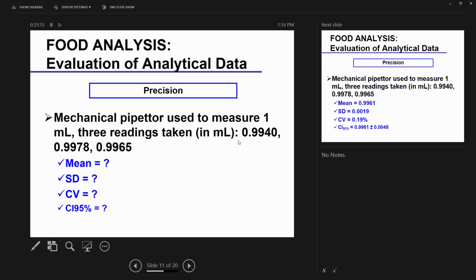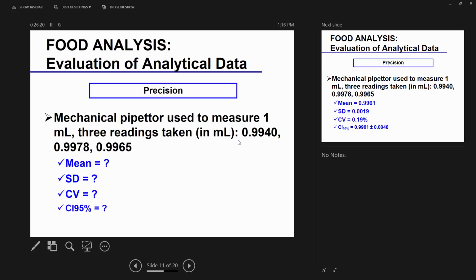What do you have? Do you have them all? 0.0019. Okay, that's 0.003. Which one is that? Standard deviation. And coefficient of variation? Still working on it? Coefficient of variation is 0.19%. Okay.